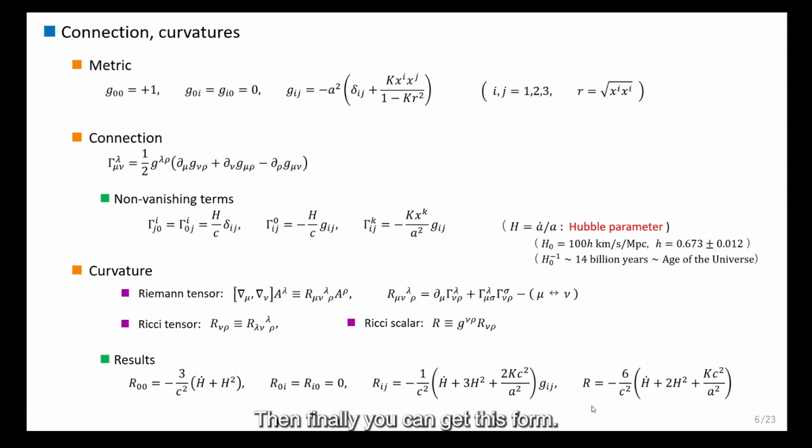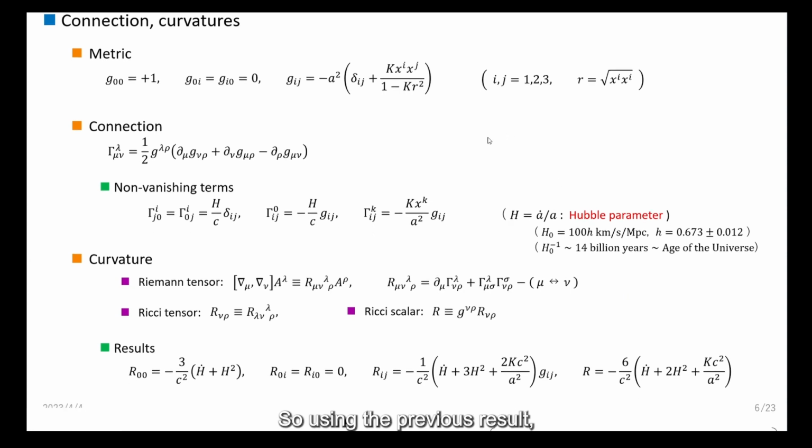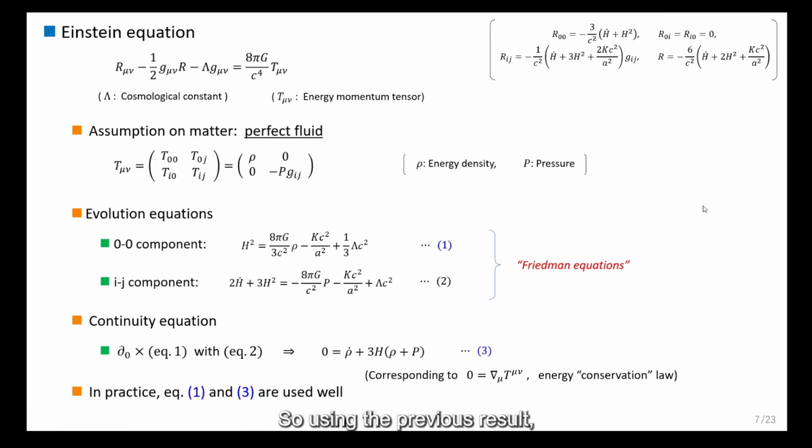Then finally you can get this form. Using the previous result, we can derive the equation of motion for the universe from the Einstein equation.